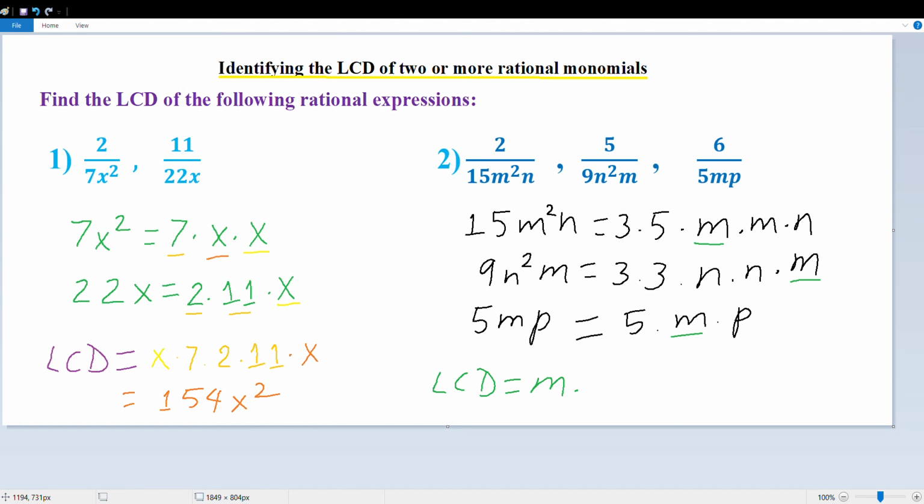So we'd be looking for the factors that are common between any two denominators. So here n is common between the first and the second denominator. So I'm gonna go ahead and write this n here. And we have one remaining n here. So I'm gonna go ahead and write this remaining n as well.